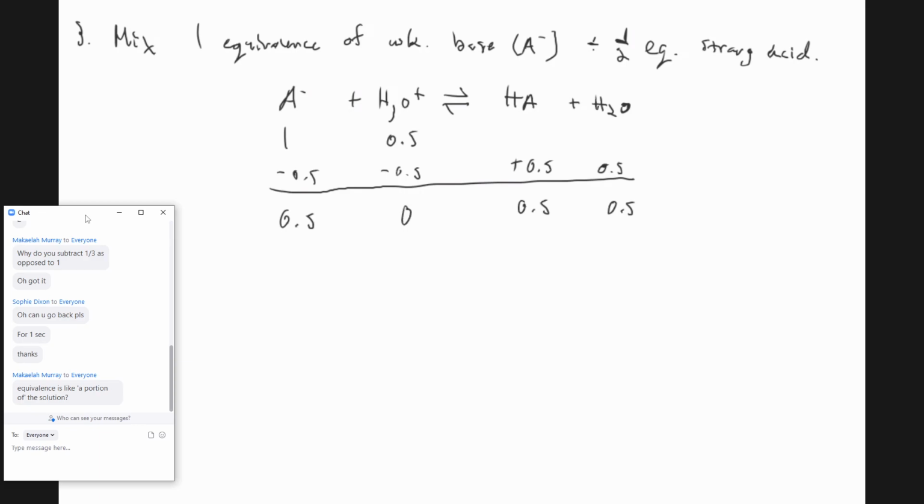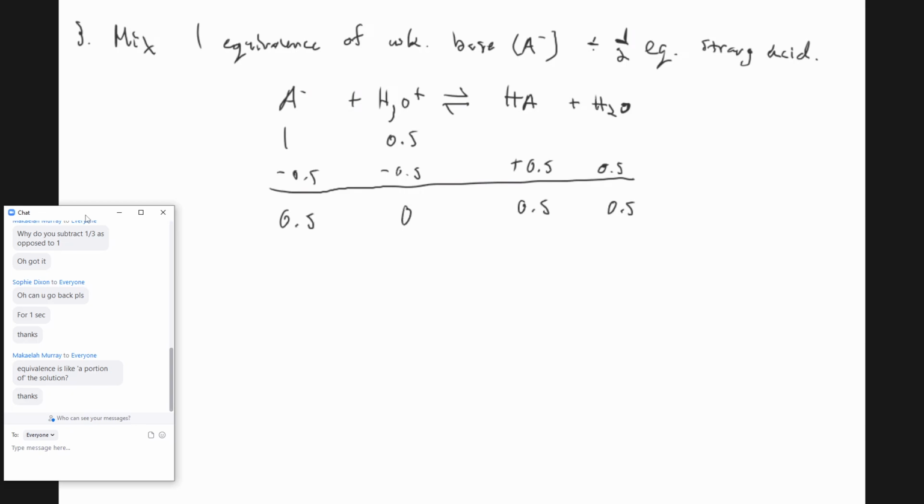So saying you have one equivalence of something and half equivalence of the other handles all the situations: molarity, molality, normality, all of those. That's why I like writing equivalents, because those are all the ways you can get concentrations, right?